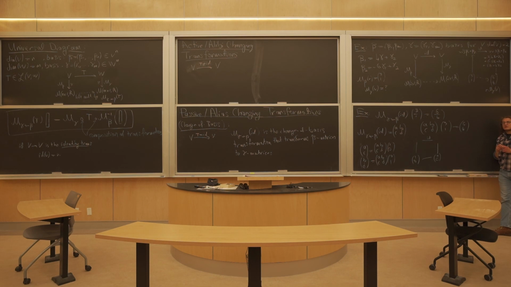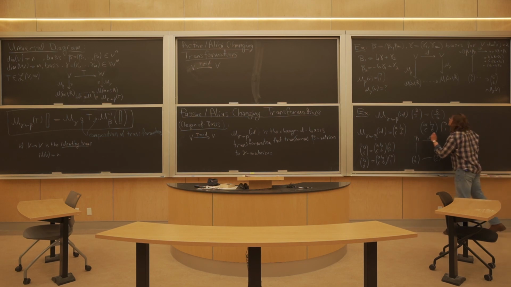If it looks like the one on top, shouldn't it just be like 1A plus 0C? That's true, but you're going this way. I want to go this way. I want to use M beta. So is it just 1 beta 1 plus 0? Yeah, exactly. It's just beta 1. Right? I think that's what you meant.